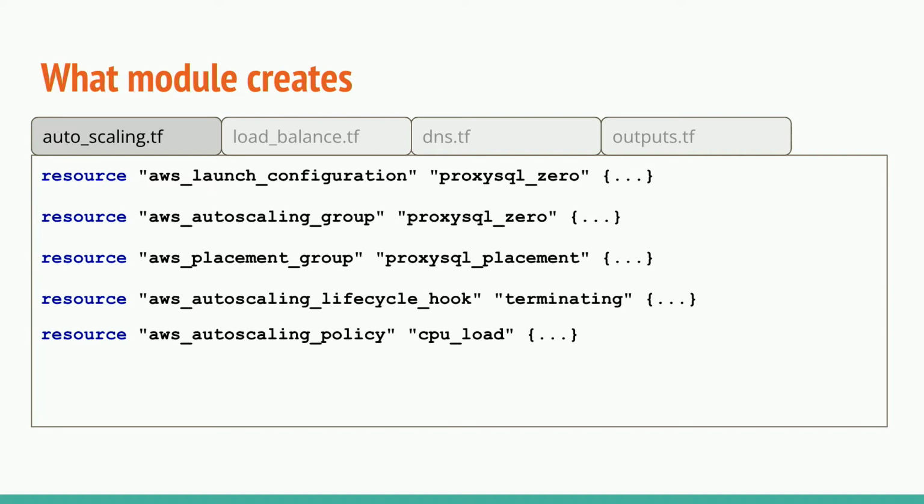I create the launch configuration here. I create the autoscaling group itself. I define the autoscaling policy. A cool feature in AWS is it can add more instances to the autoscaling group if average CPU is higher than a threshold. So you can scale up and down depending on your load.